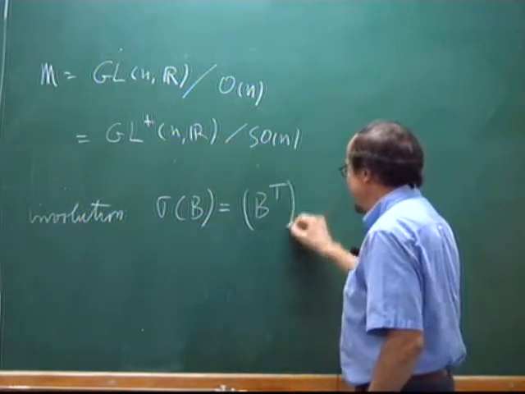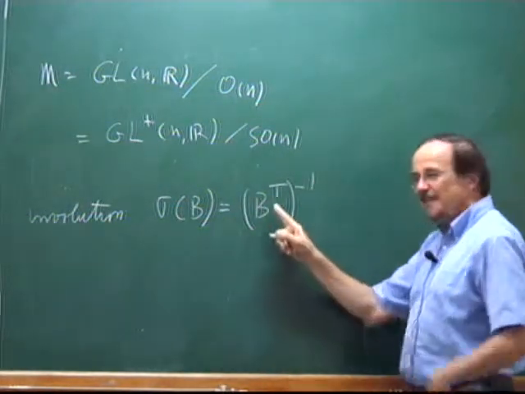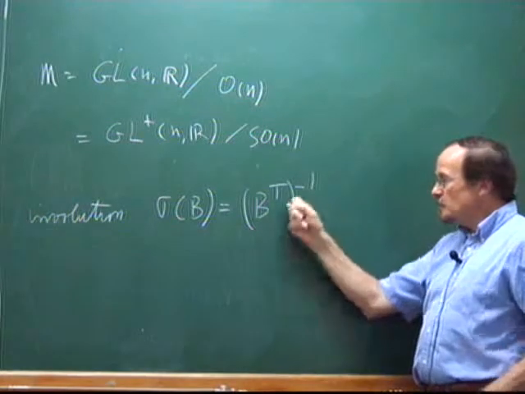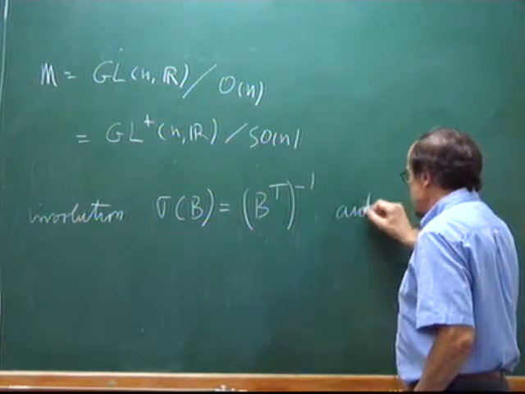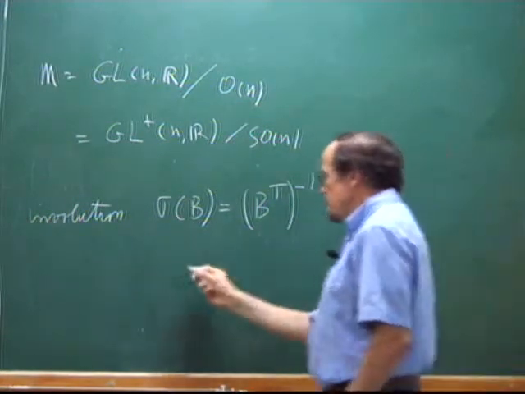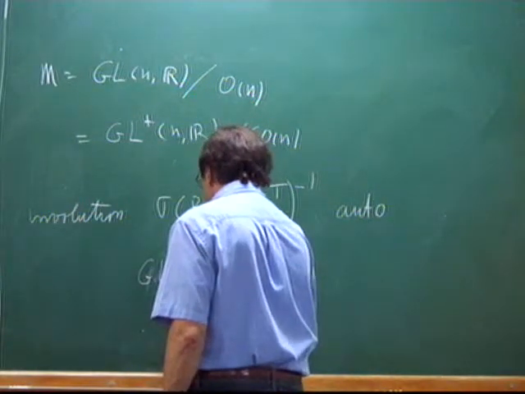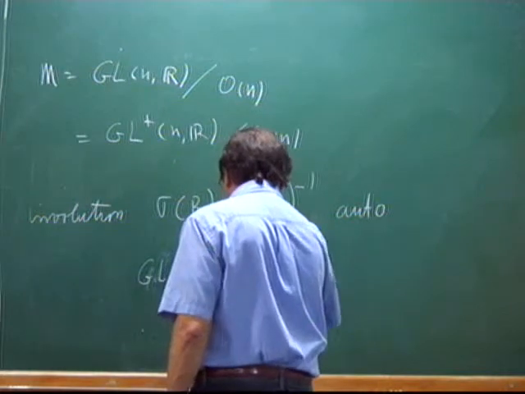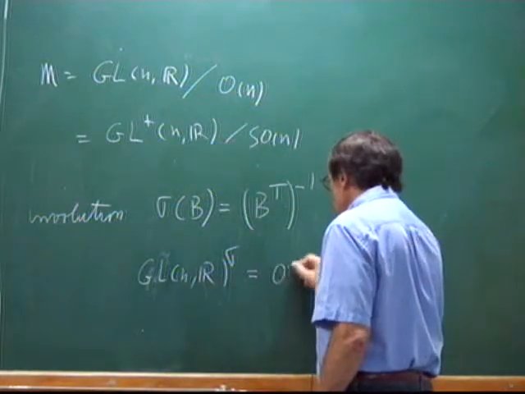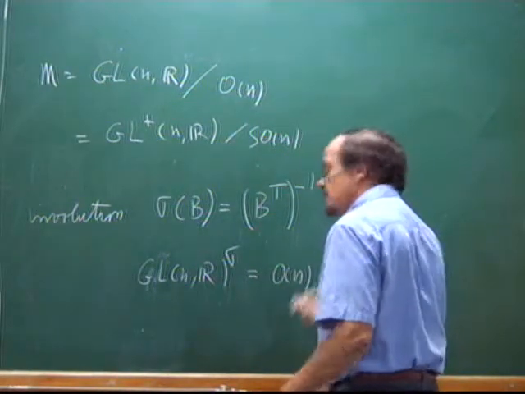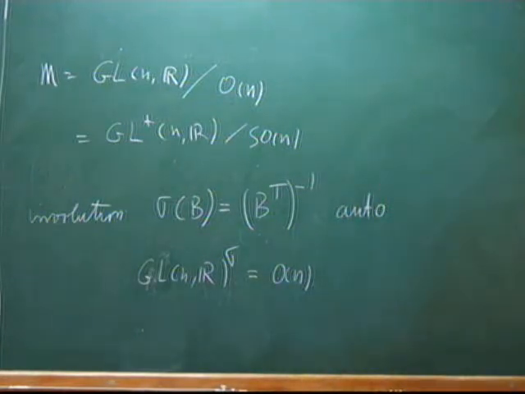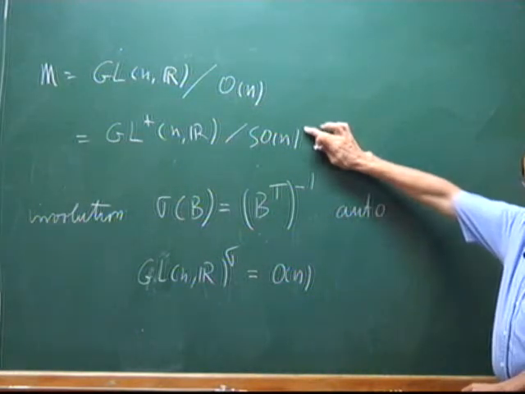Inverse. That undoes again the switching of the order. This now becomes an automorphism. And of course, the fixed point set is the matrices where B is B transpose inverse, that's O_n. Okay, so what you want to achieve tells you what the automorphism should be.